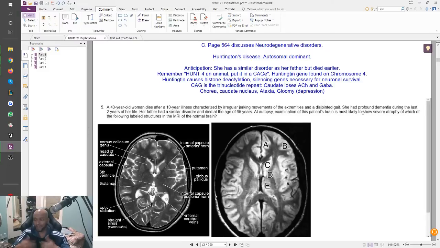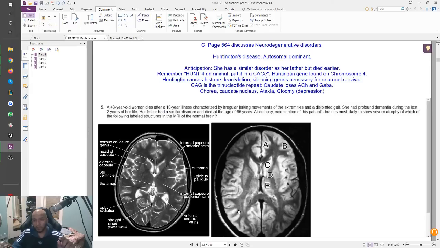Remember, acetylation activates genes. When you deacetylate it, it's kind of equivalent to methylating it, and you mute the gene, right? CAG is the trinucleotide repeat, and caudate loses acetylcholine and GABA. That's kind of also what CAG can stand for. That trinucleotide repeat reminds you of CAG, caudate, acetylcholine, and GABA.